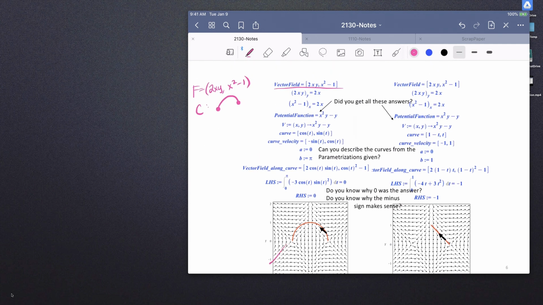We're integrating from this point to this point inside of the vector field (2xy, x squared minus 1). Now what we're adding to this problem is that this vector field F actually has a potential function, x squared y minus y.